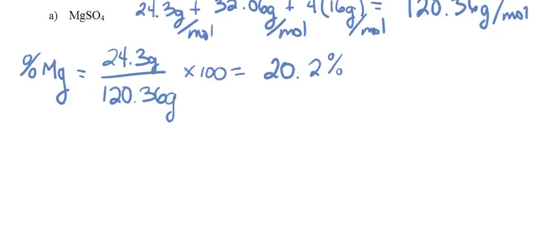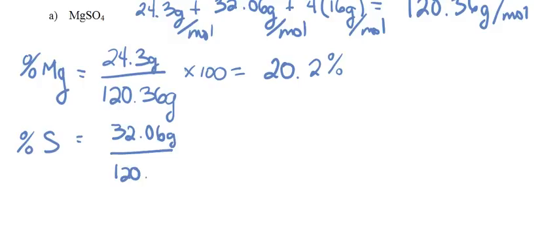All right, let's find out for sulfur. For sulfur, we have 32.06 grams. You're probably asking, where did you get this 32.06? Again, I'm just assuming that I have 1 mole of the magnesium sulfate.